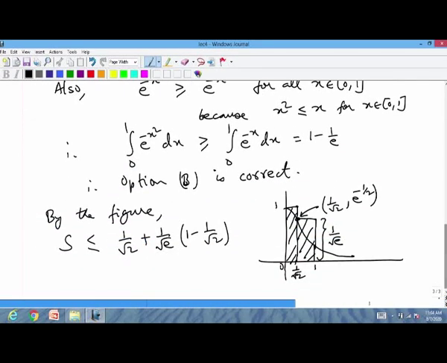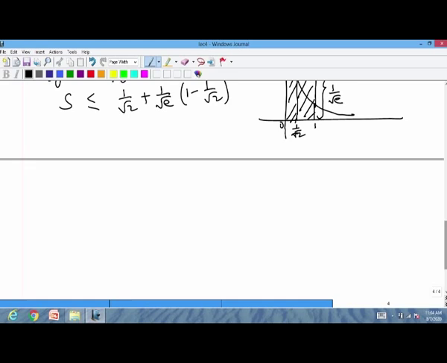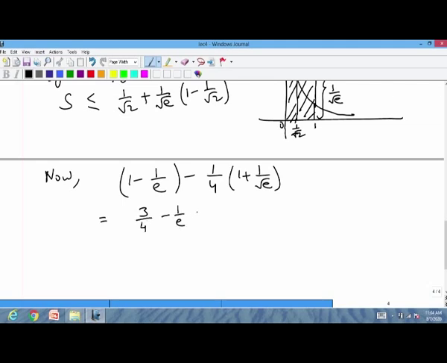So, if we see 1 minus 1 by e minus 1 by 4 times 1 plus 1 by square root of e, this is in option C. So, this is equal to 1 minus 1 by 4, that is 3 by 4, minus 1 by e minus 1 by 4 square root of e, which is equal to 1 by 4e times 3e minus 4 minus square root of e.